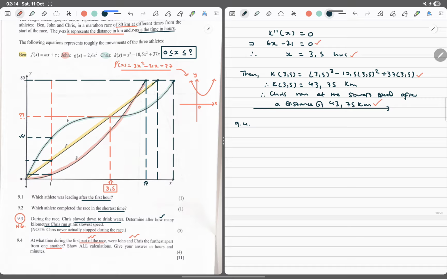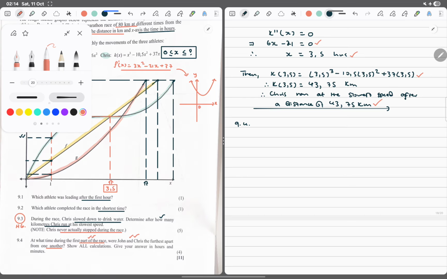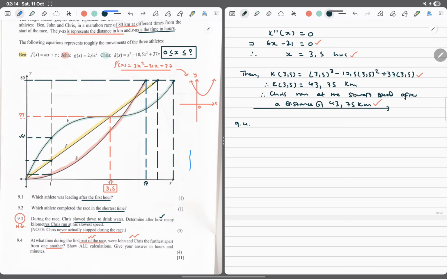Of course, this is the vertical distance between them. So Chris is ahead and John is trailing.